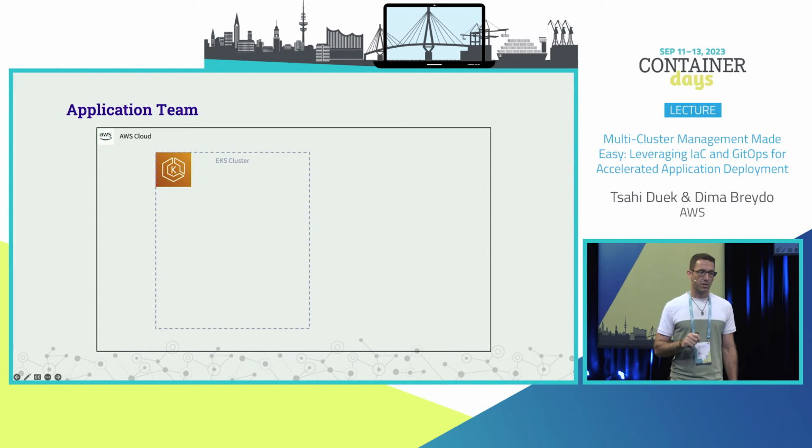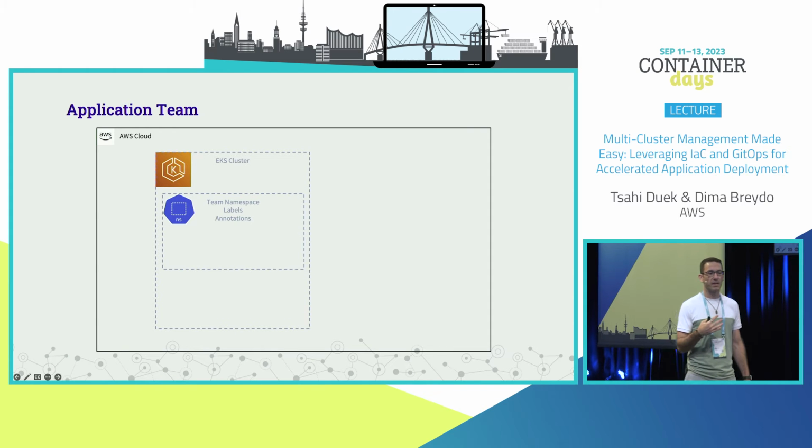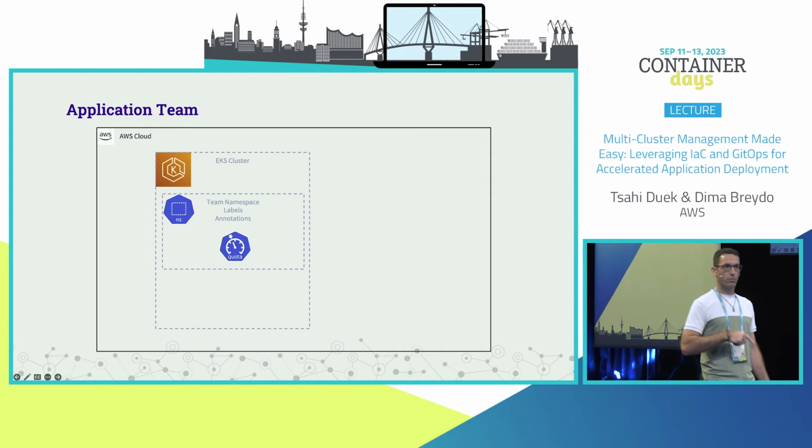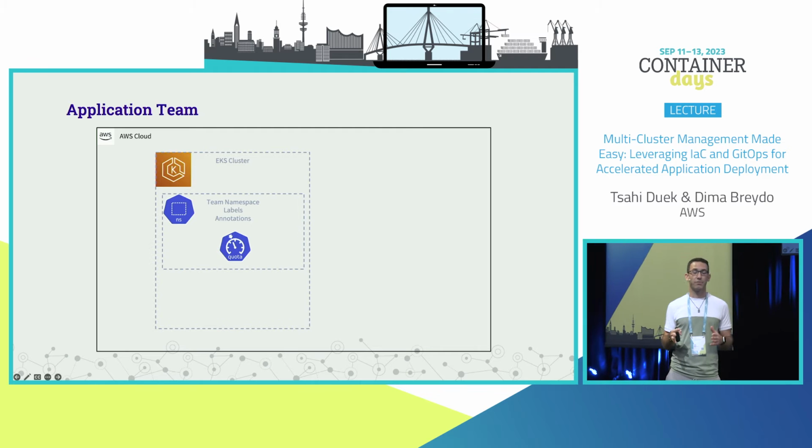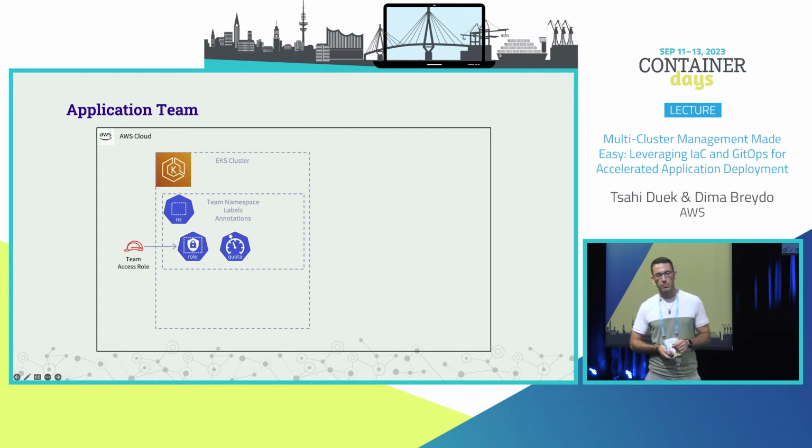Now, let's dive deep into what an application team means. When you define an application team using the framework, what we create behind the scenes is a namespace. You can define custom labels and custom annotations. We also put quotas or limit ranges or any other Kubernetes manifest you need to apply to that specific team or namespace.